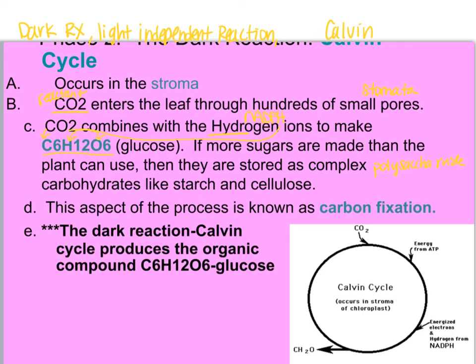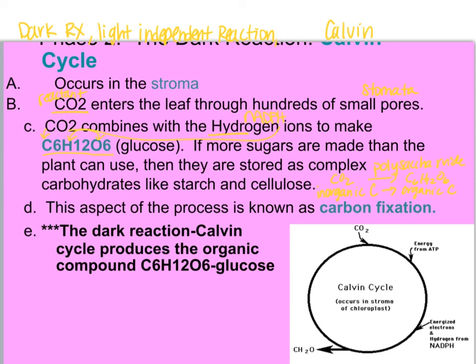So anyway, this is called carbon fixation, turning inorganic carbon to organic carbon. Okay, so that will be CO2 to C6H12O6, which is glucose. Carbon dioxide into glucose. That is carbon fixation, turning inorganic carbon into organic carbon.